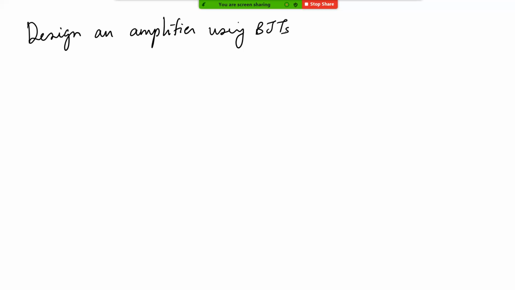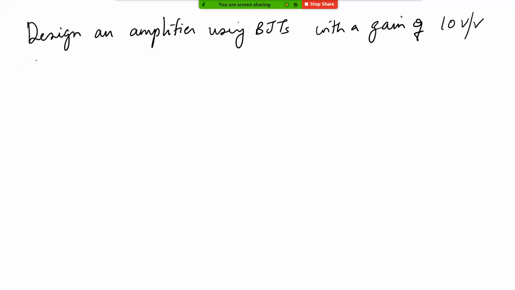What I want to do right now is let us try to build an amplifier. The question that we are trying to address right now is: design an amplifier using BJT where I want the gain to be 10 volts per volt.